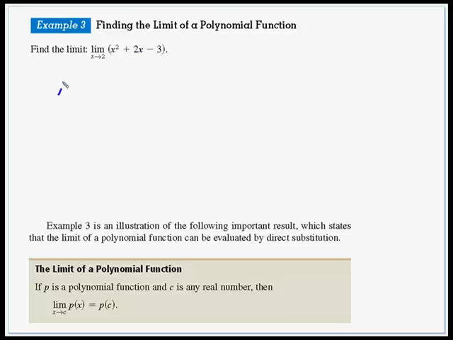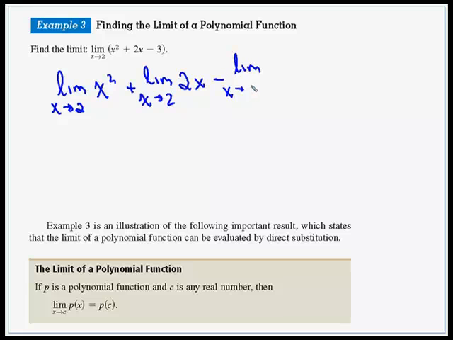So it is the limit as x approaches 2 of the first piece, x squared, plus the limit as x approaches 2 of this piece of the function, 2x, and then minus the limit as x approaches 2 of 3. So here's our minus and here's our plus.